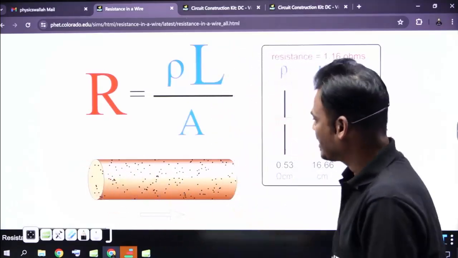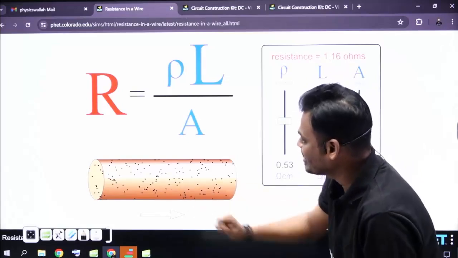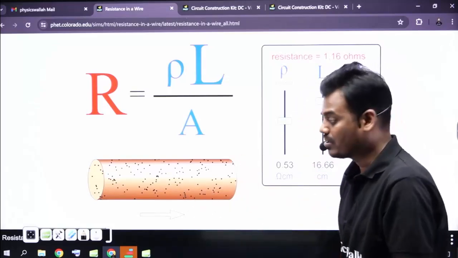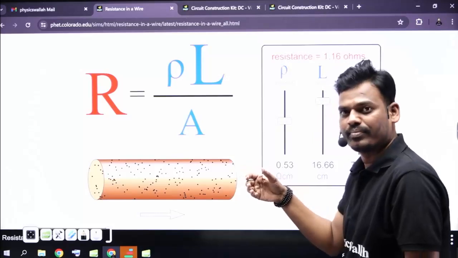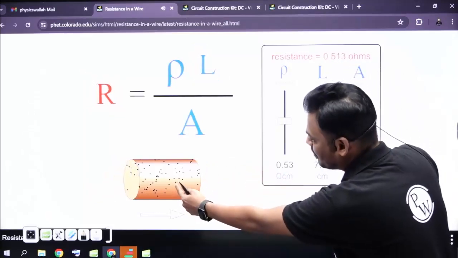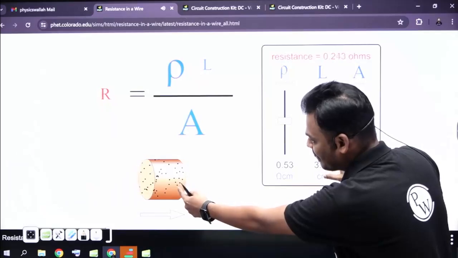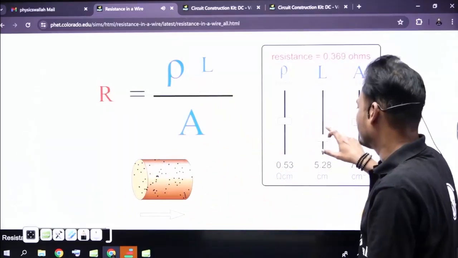Why? Let's consider the number of free electrons. These dots indicate the free electrons. When the length is more, the number of free electrons is more. If the length is less, the number of free electrons also decreases, hence resistance decreases.